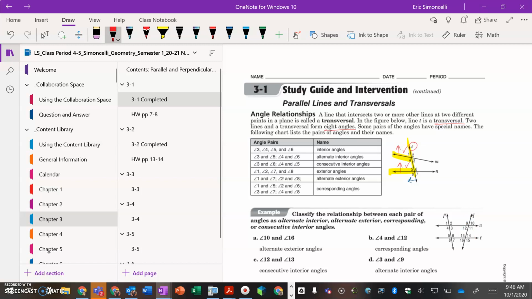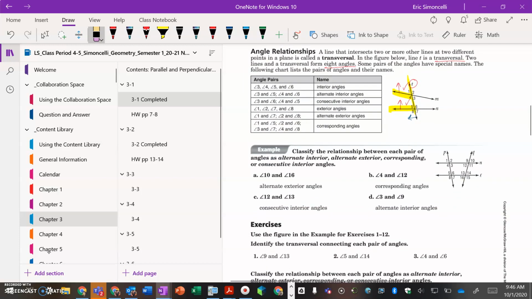If you take a look, 3 and 9. I would argue that these are alternate because they're on either side of the transversal N. So alternate. And they're interior, in other words, inside of lines P and Q. So alternate interior angles for those two.